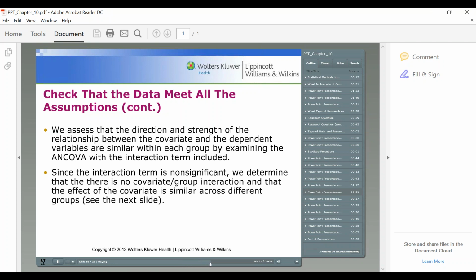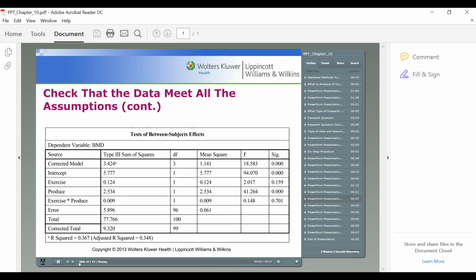Okay. The next thing says, since the interaction term is not significant, we determine that there is no covariate group interaction and that the effect of the covariate is similar across different groups. So basically, what that means is if you look on the left-hand model, exercise star produce, that's looking at the interaction. So is there a difference when looking at the two groups?